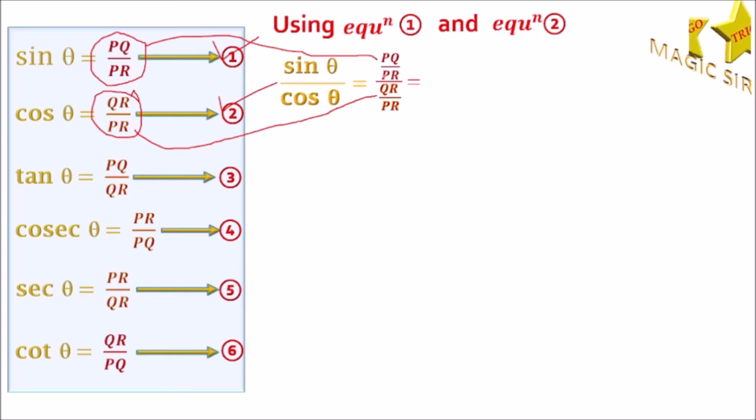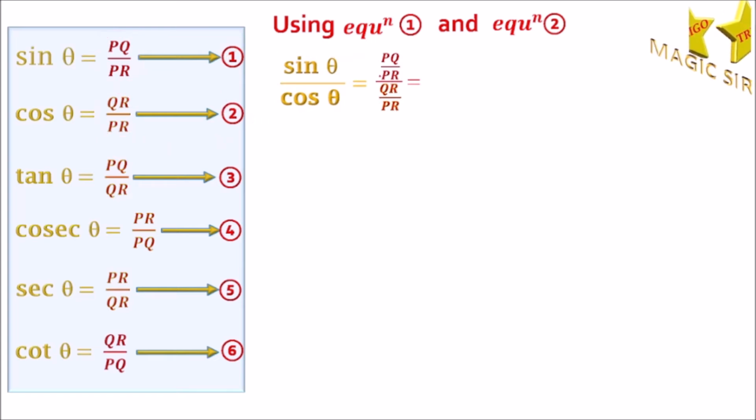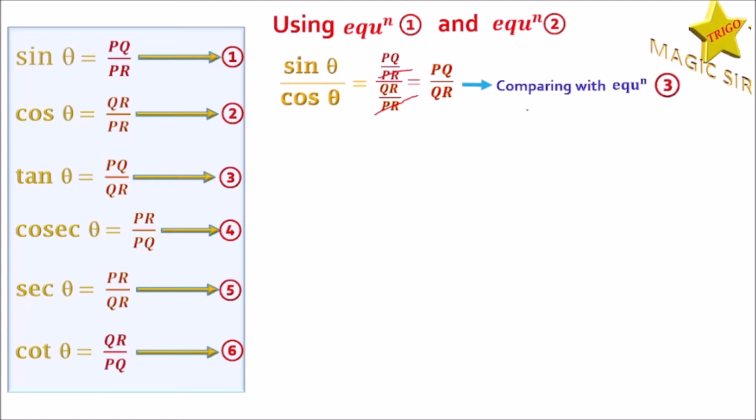Now see the denominator of both ratios, that is PR. Simplifying, we have sin theta upon cos theta is equal to PQ upon QR.